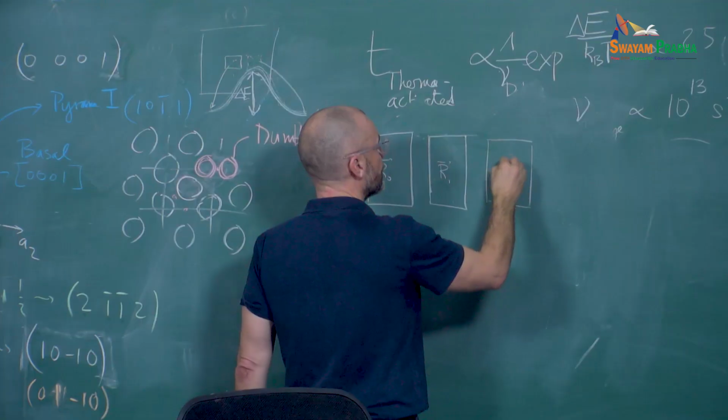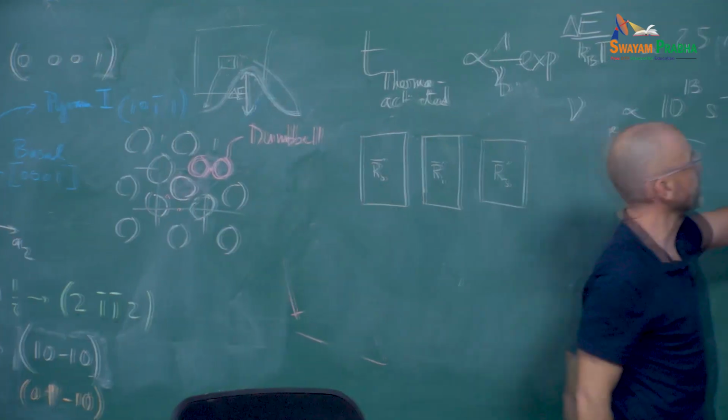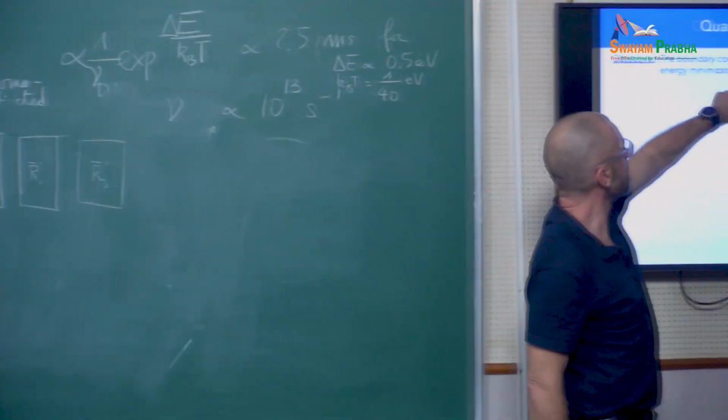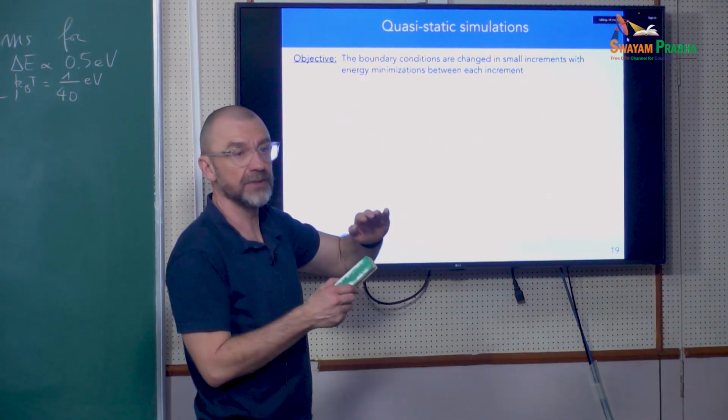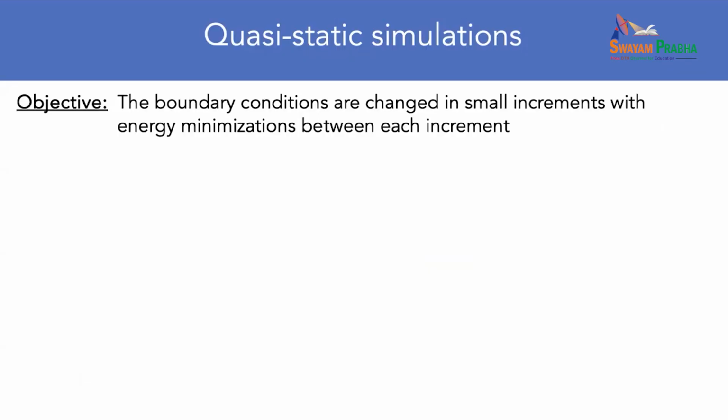That gives me a third configuration, and so on. So a quasi-static simulation is when you change the boundary conditions in small increments, and you do an energy minimization in between each increment. So you go from minimum energy configurations to minimum energy configurations, but each time by changing the boundary conditions a little bit.